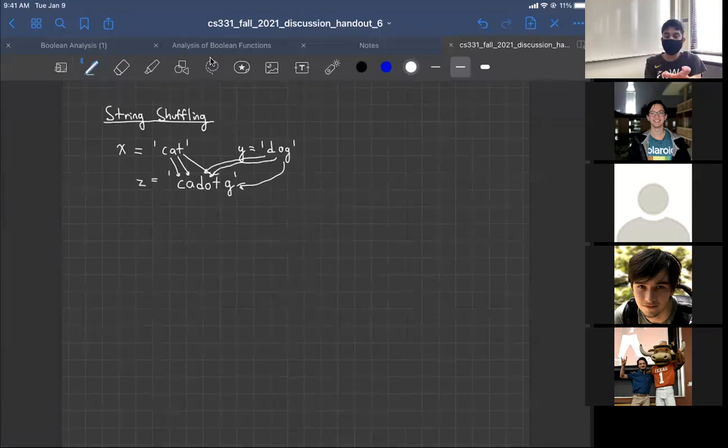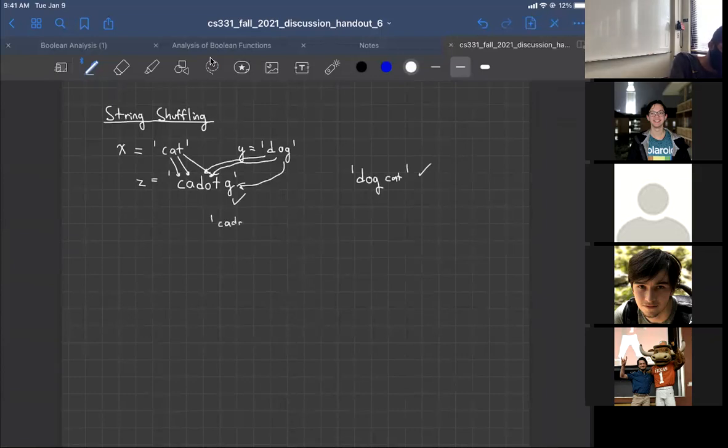You can think about it as having two decks of cards, and you can at any point take the top of each one and put them in your new deck, like you're shuffling your deck that way. Okay, so this is valid. Dog cat is also valid. Cat dog is also valid. What is not valid? Can someone give me something that is not valid here?